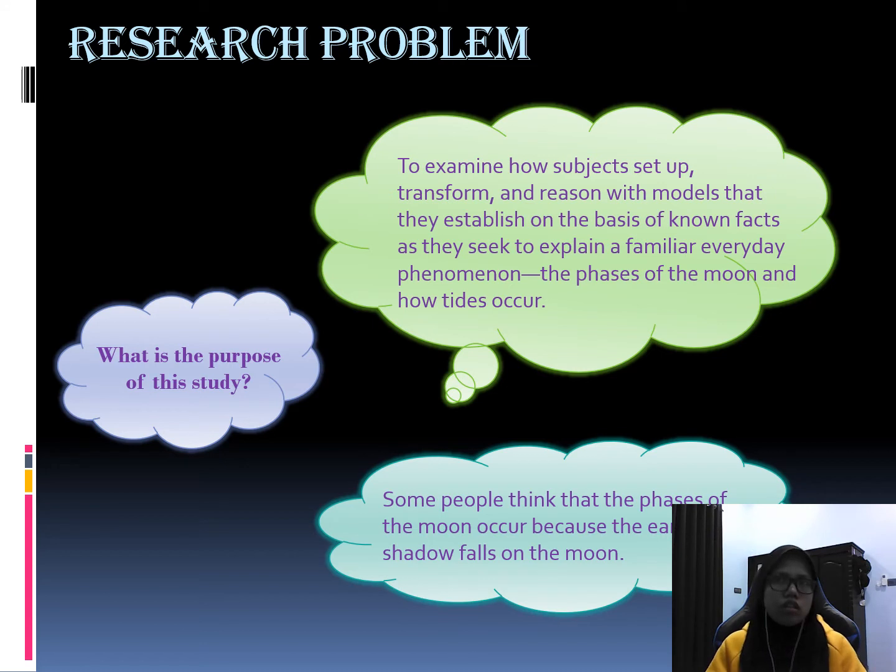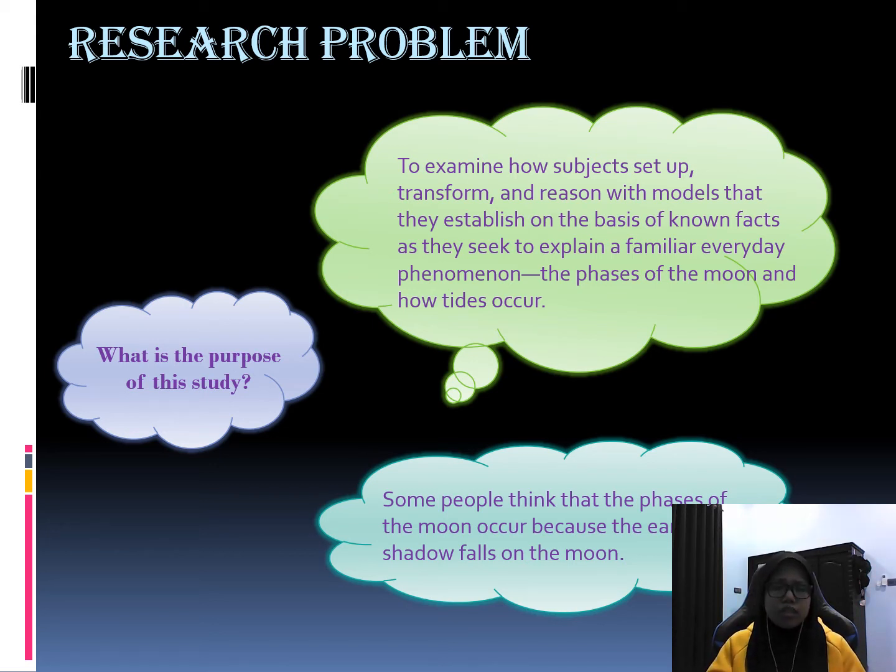Next, I will mention the research problem of this study. So, what is the purpose of this study? The purpose is to examine how subjects set up, transform, and reason with models that scientists usually establish on the basis of known facts, as they seek to explain a familiar everyday phenomenon, which is the phases of the moon and how the tides occur.